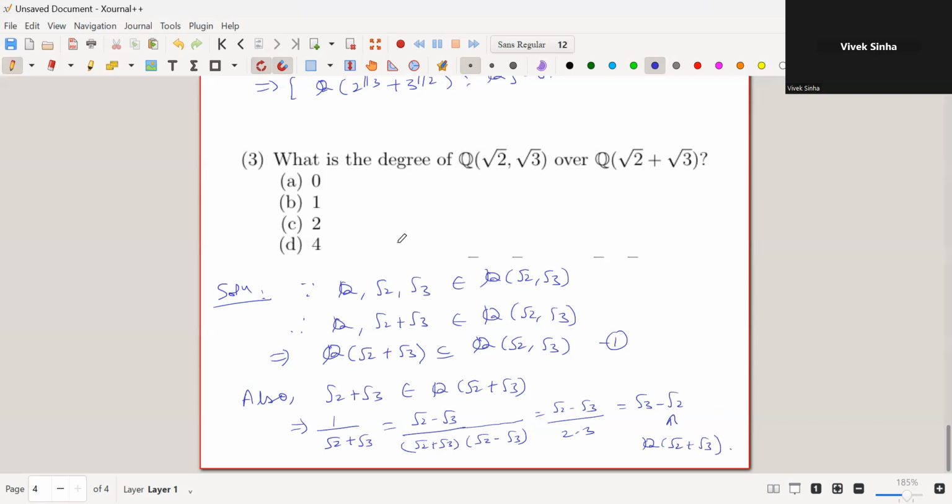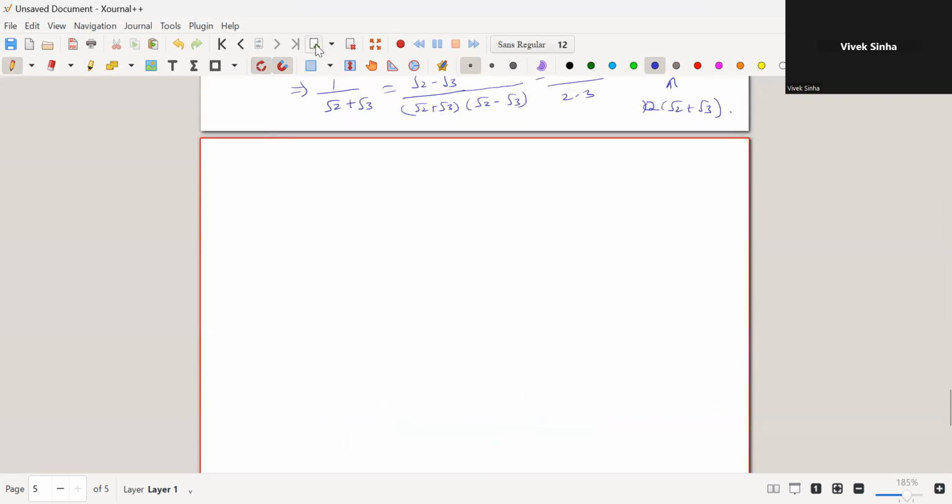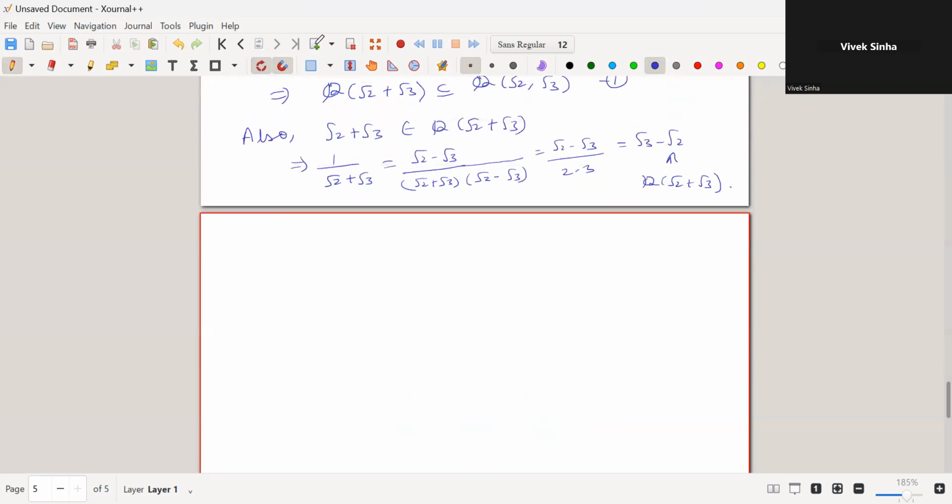Now what? Root 2 plus root 3 is there, root 3 minus root 2 is there. This implies root 3, that is root 2 plus root 3 plus root 3 minus root 2, divided by 2, is also inside Q(root 2 plus root 3).